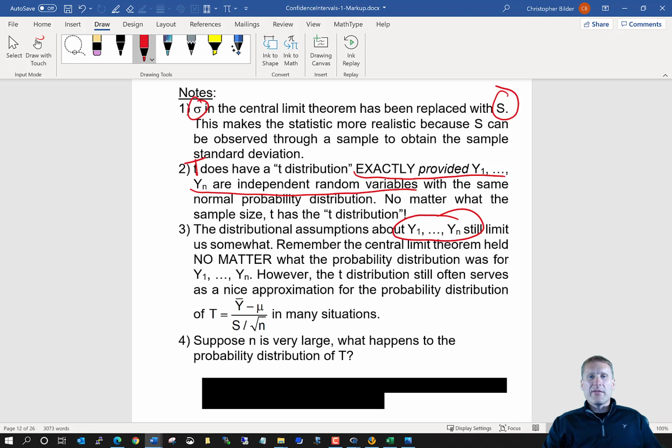We're trying to get away from having these kinds of assumptions. Well, fortunately, statistical research has shown that even if I don't have a normal distribution there, this can still work very well with a t-distribution. And you'll see some examples of why that occurs as we go along in the notes.